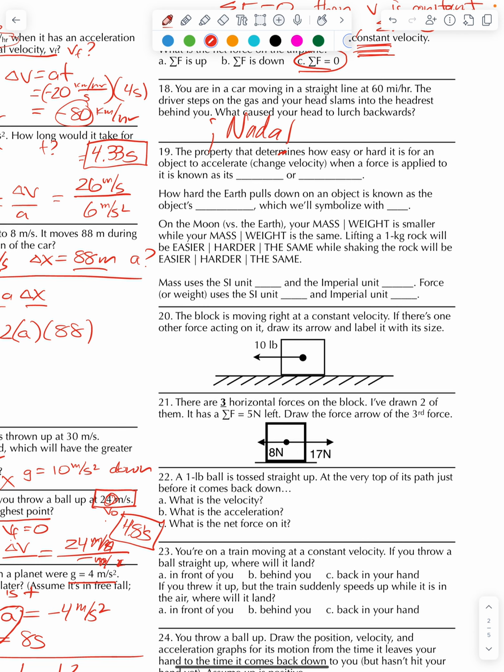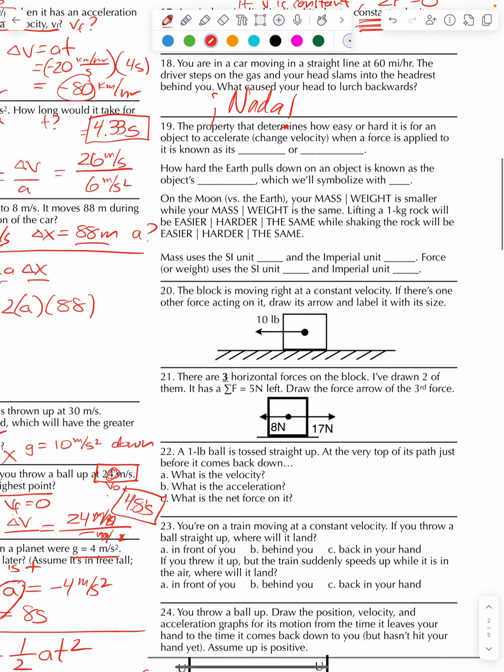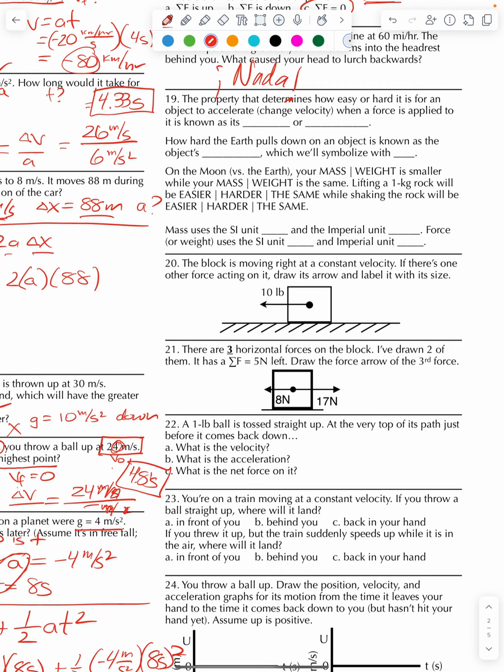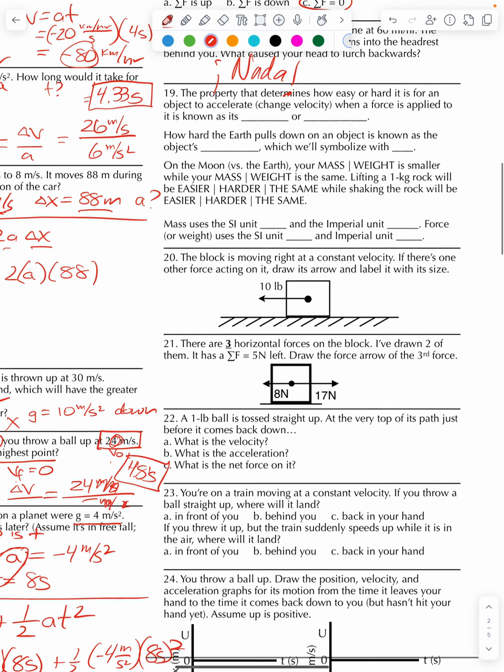You were going along at a constant velocity and the car suddenly accelerated and ran into your head. Nothing threw your head back. It was the car lurching forward that ran into your head. That's kind of my classic question. I know it's all semantics, but nothing caused your head to get thrown backwards.